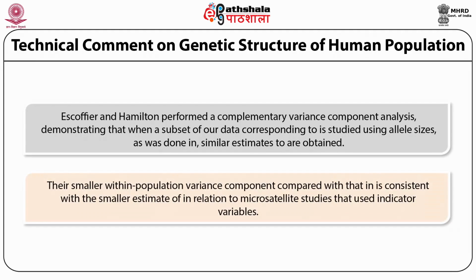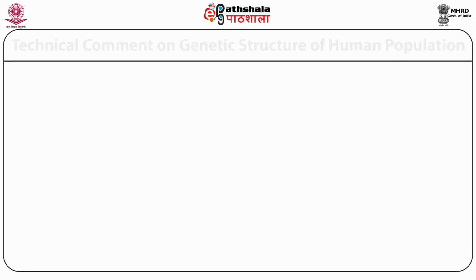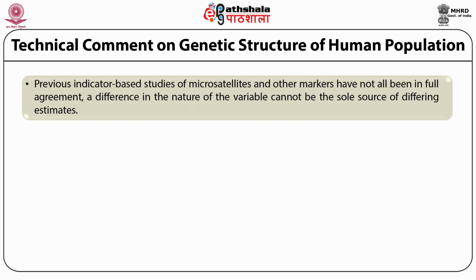They found a smaller within population variance component, which is consistent with the smaller estimate in relation to microsatellite studies that used indicator variables. Previous indicator based studies of microsatellites and other markers have not all been in full agreement.